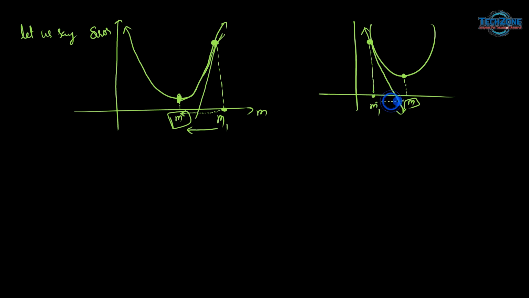We should increase the value of m to get to the global minimum, to get to this point m. So here we need to decrease the value of m, and here we need to increase the value of m, that is the slope.